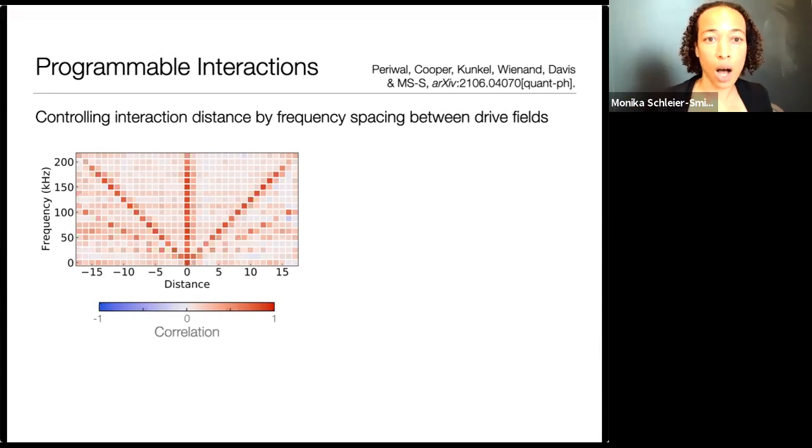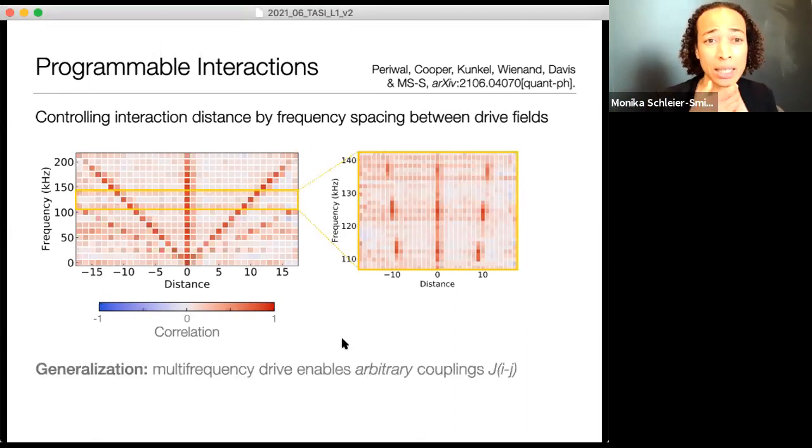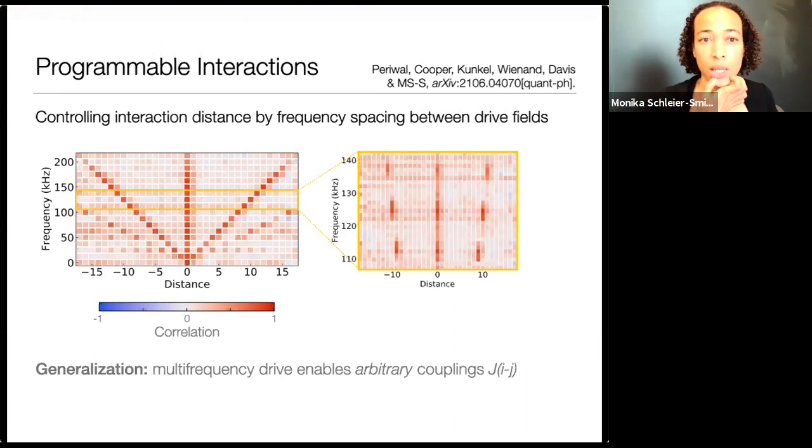So that gives us a knob for controlling the graph of interactions. It's very precise control, so you can decide, do I have interactions at 10 sites, 11 sites, 12 sites? And it's very easy to control the spectrum of a laser field. So if I generalize this and drive with multiple frequencies, I should be able to have arbitrary patterns of these couplings, J of I minus J.